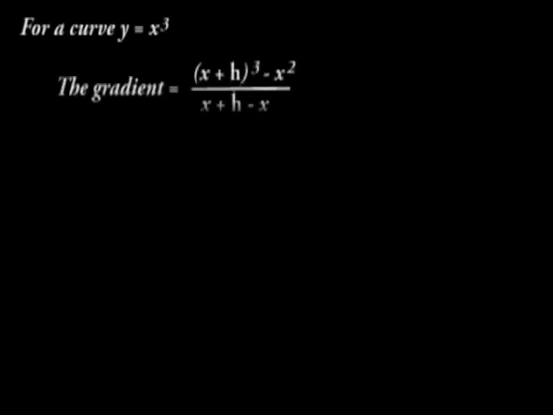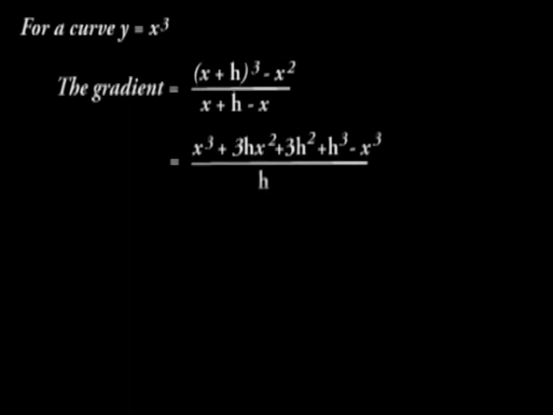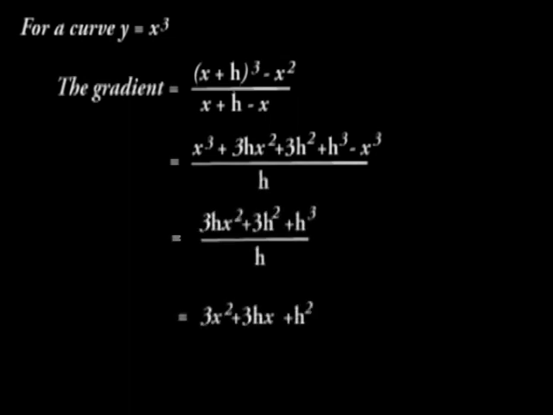For a curve y is equal to x cubed, the gradient will be x plus h cubed minus x cubed over x plus h minus x, finally giving us 3x squared plus 3hx plus h squared.